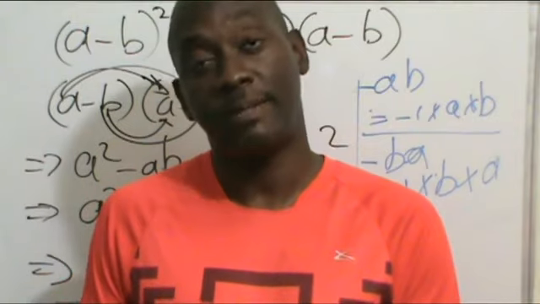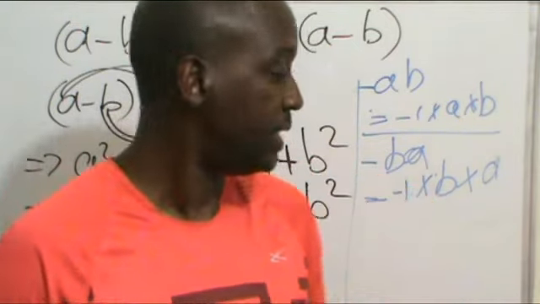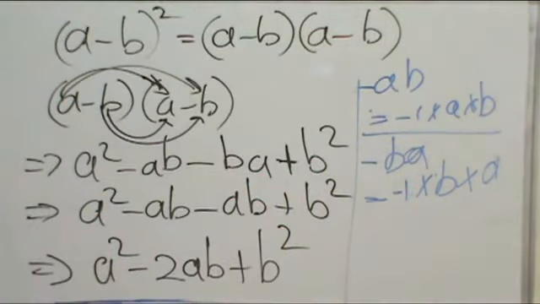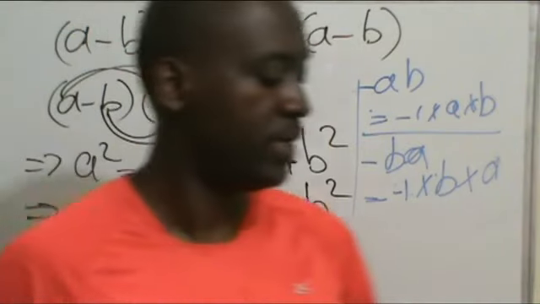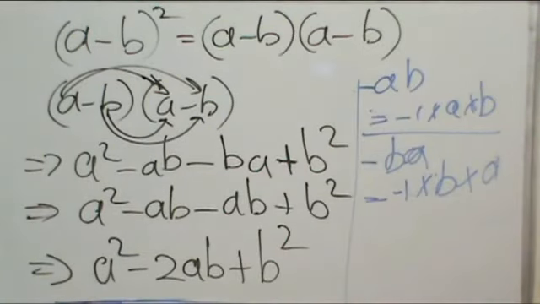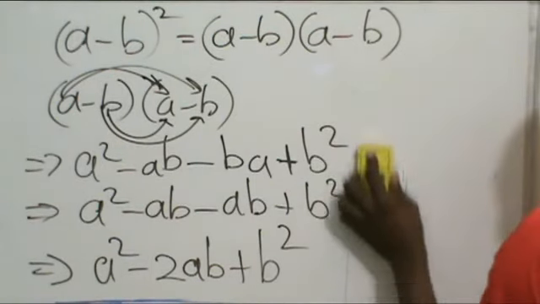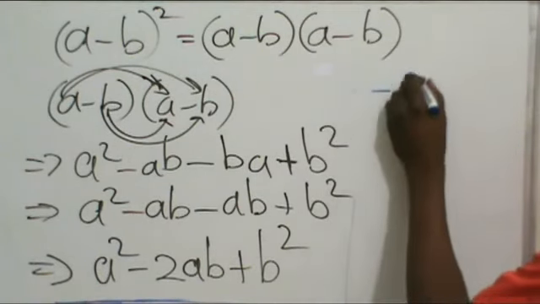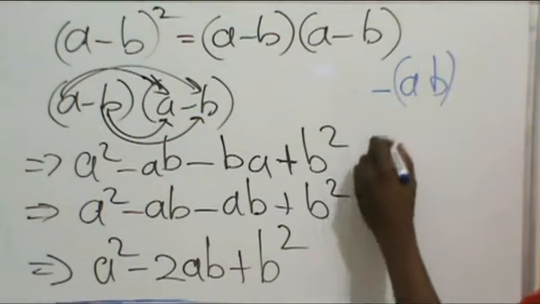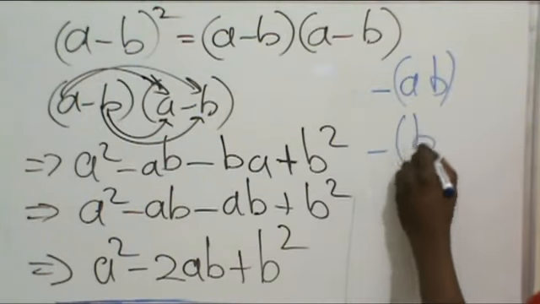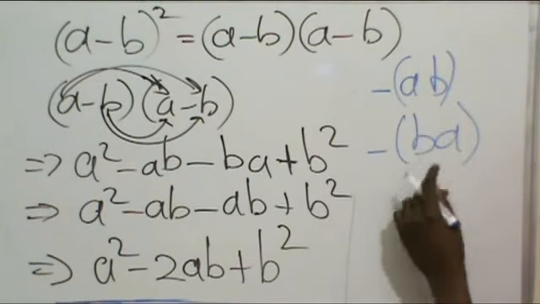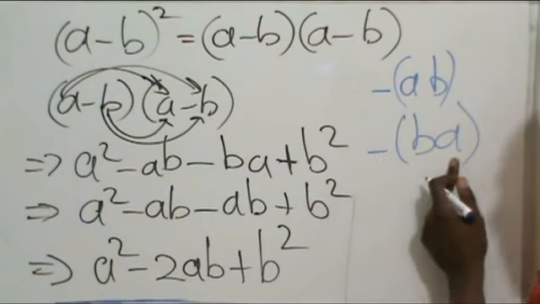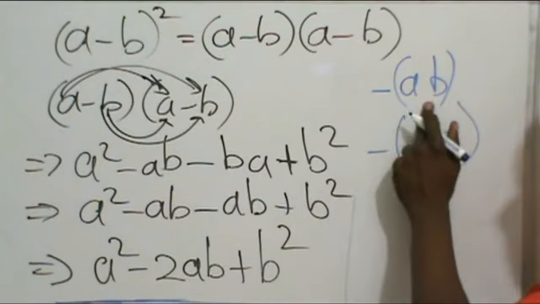If we take the minus sign outside, I'm going to write this over now. I have to clear the board while we're talking here. If I write this as minus ab in brackets, and I write this as minus ba in brackets, it's just a minus sign multiplied by ba, a minus sign multiplied by ab.